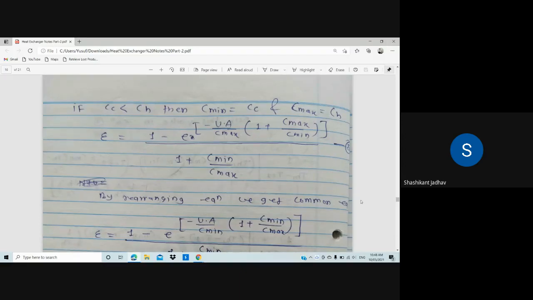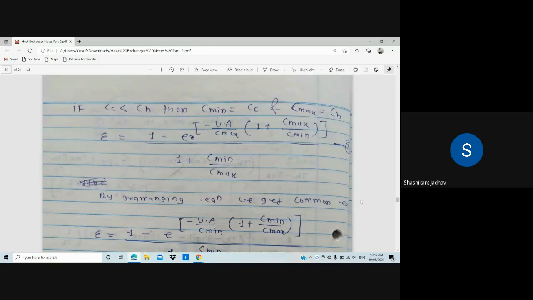In the second condition, if CC is less than CH, then C minimum is equal to, CC लहान आहे म्हटल्यानंतर C minimum is equal to काय असणार, CC आणि C max is equal to काय असणार आहे, CH असणार आहे.